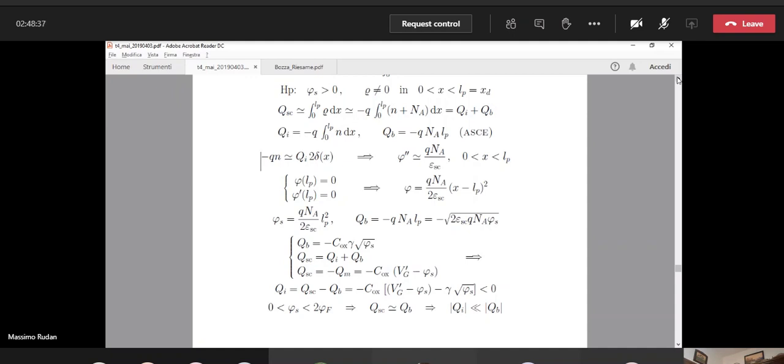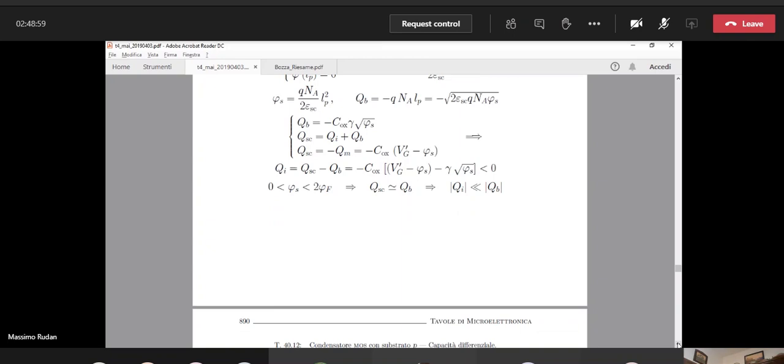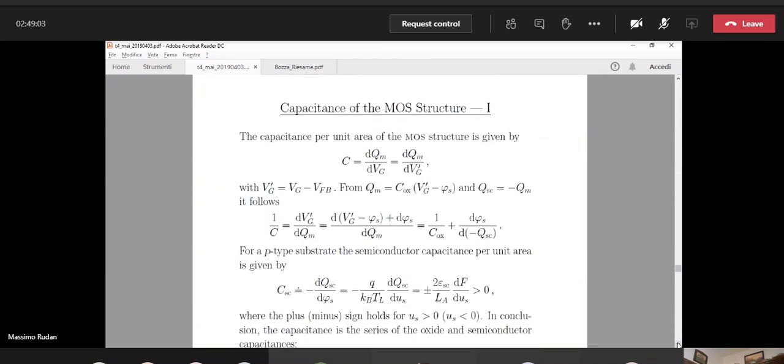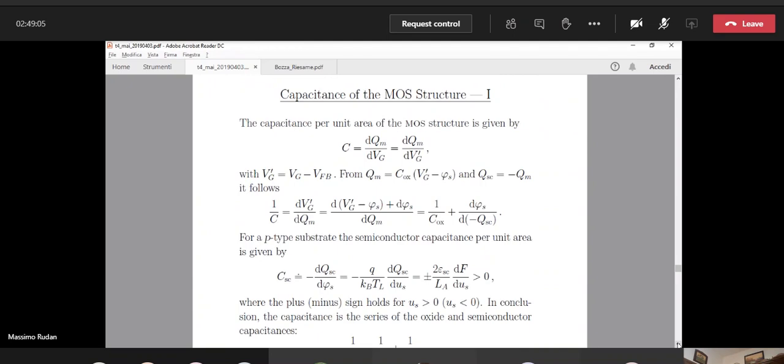So we must, just as we did in the PN junction, take the derivative of the charge with respect to the gate voltage. So we calculate now the differential capacitance of the MOS capacitor.